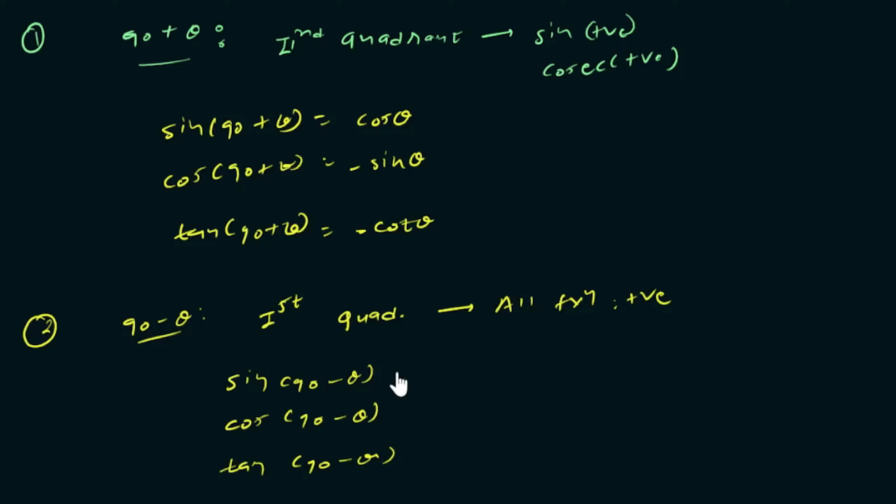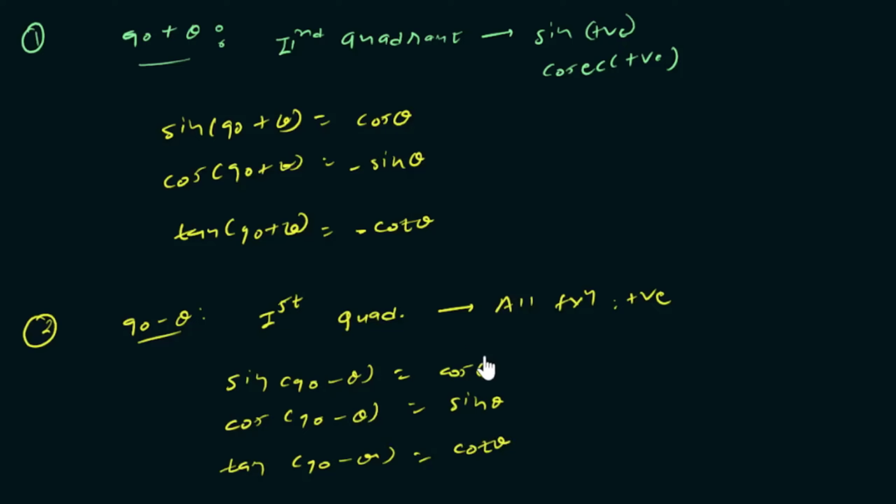Sine will be converted into cos theta, and all the functions are positive, so here sine will be positive. Cos of 90 minus theta will be converted into sine theta, and tan of 90 minus theta will be converted into cot theta. So these are the values for 90 minus theta.